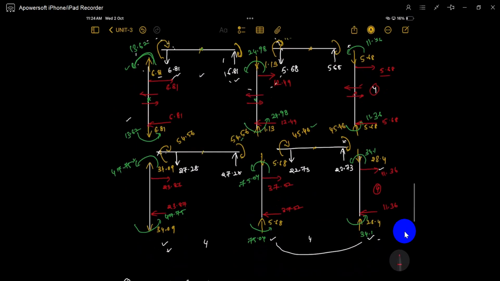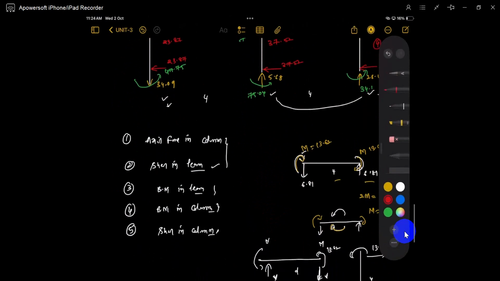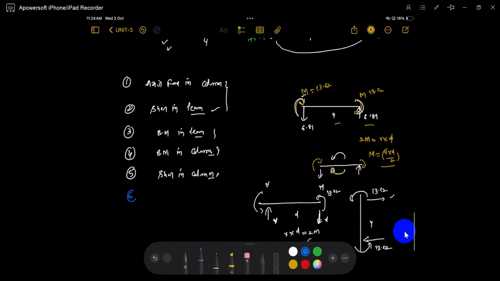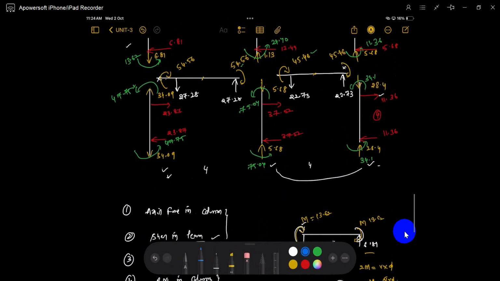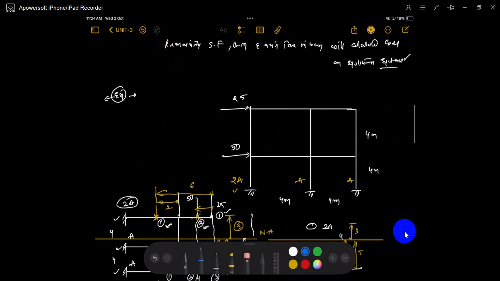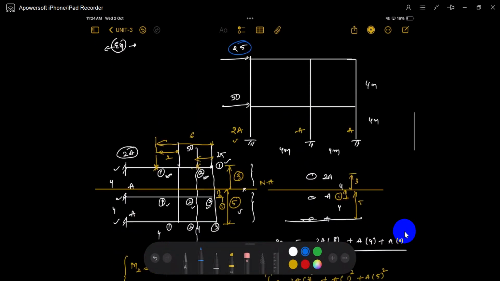One thing is remaining, that's the bending, see, axial force in the beam. I will show you the axial force in the beam. So see, what is the axial force? Transverse force is 25.